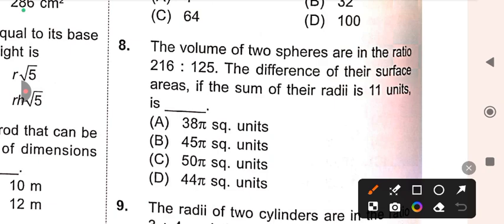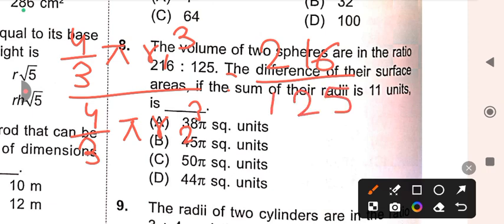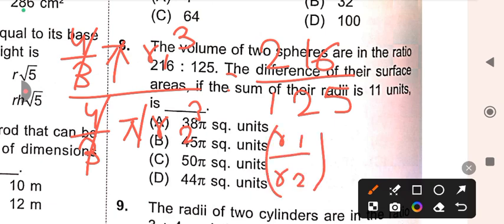According to the question, it is given that 4/3 pi r1 cube, because it is the volume of sphere, divided by 4/3 pi r2 cube, then we will get the ratio as 216/125. Now we see that we can cancel both these things, and what is left is r1 cube upon r2 cube. So r1 upon r2 whole cube we can write is equal to 216/125.